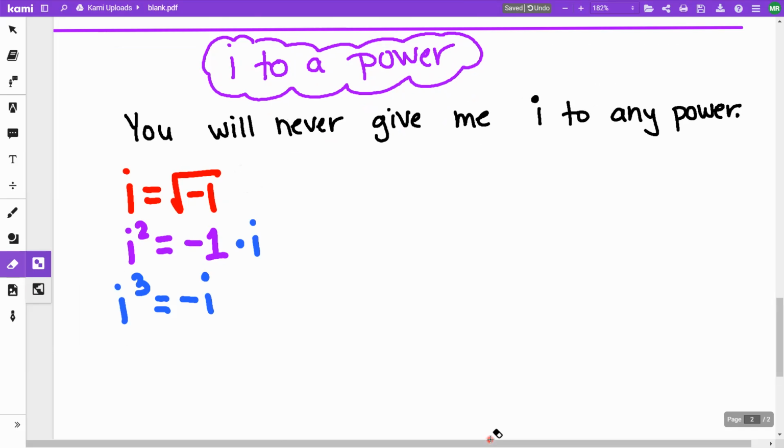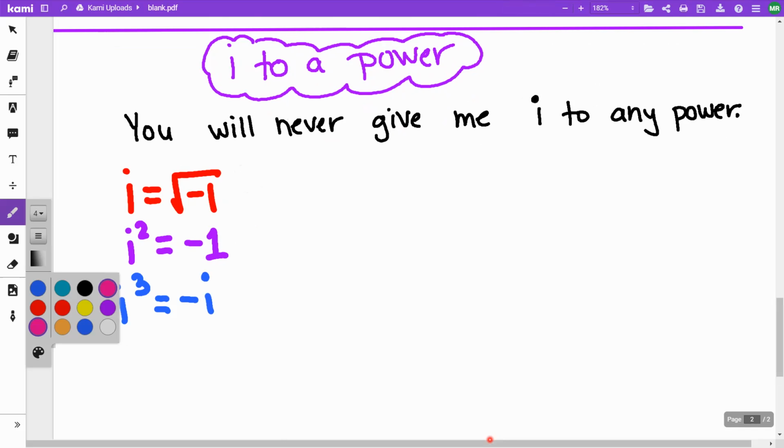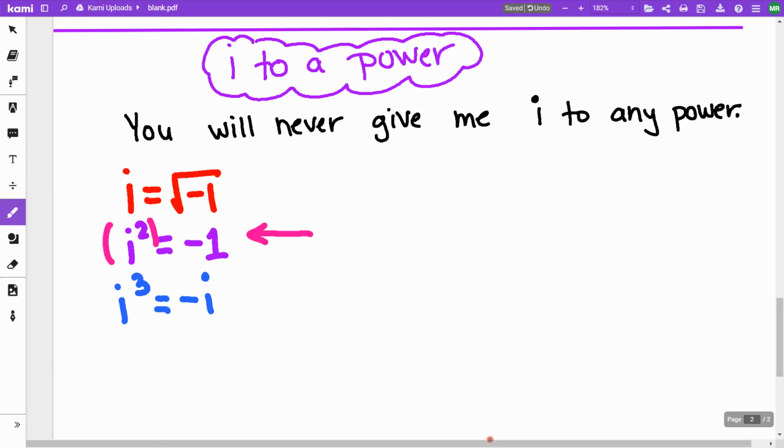So an i to the third power can be rewritten as a -i. Now, what would happen if I squared this, which gave me an i to the fourth, and I squared this, which gives me a 1.